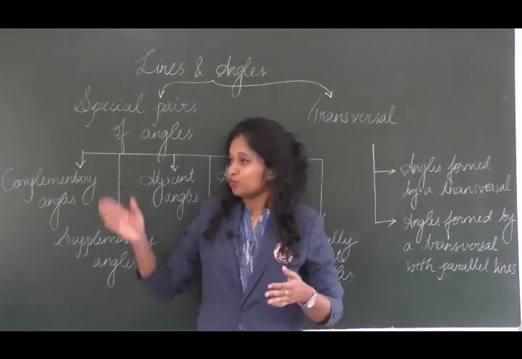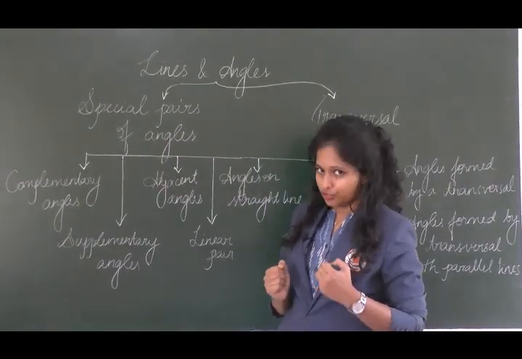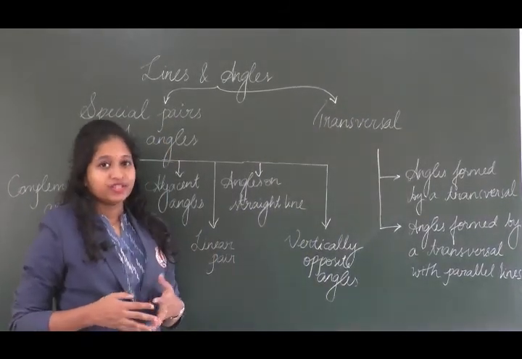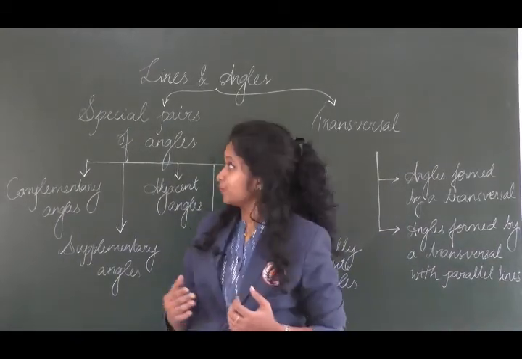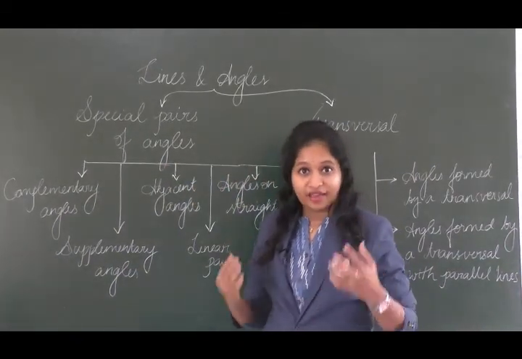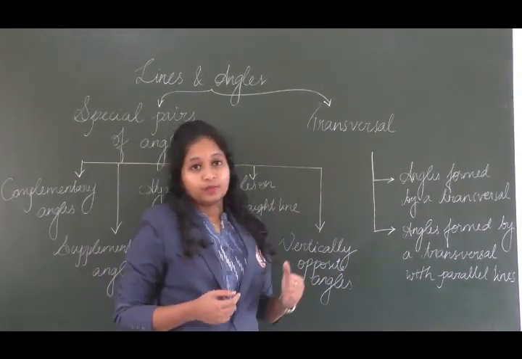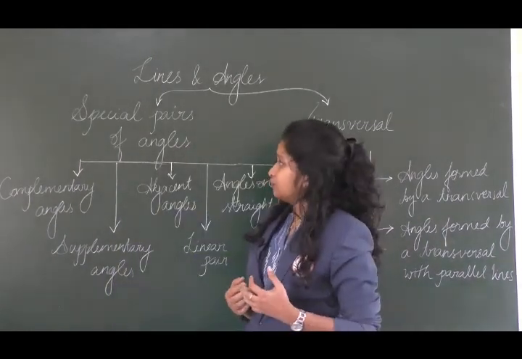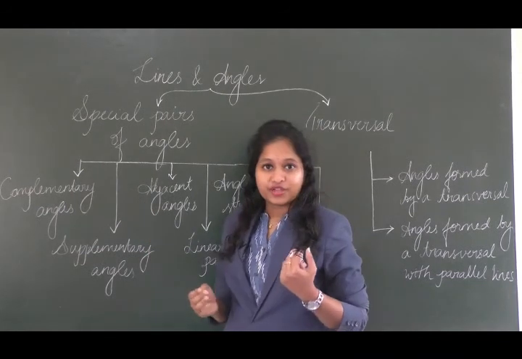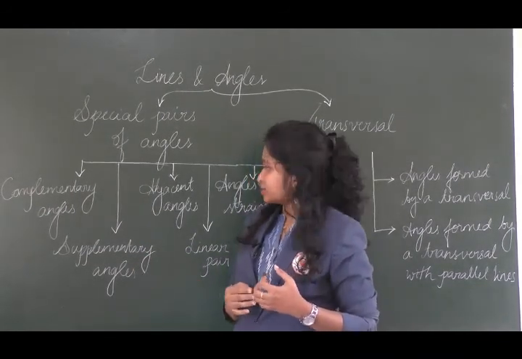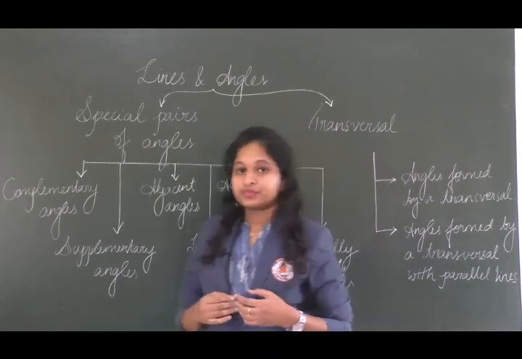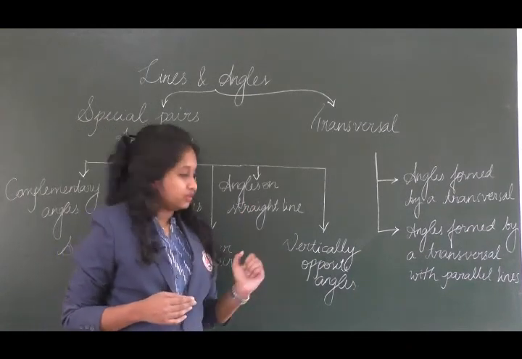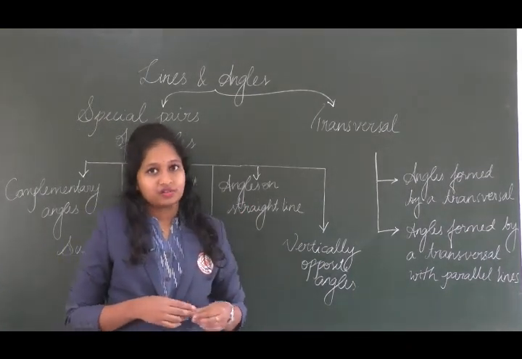So children, what you see here is the mind map for our video. The chapter name is Lines and Angles. Under this chapter, we will learn about special pairs of angles and about transversal. So under special pairs of angles, we would learn about complementary angles, supplementary angles, adjacent angles, linear pair, angles on a straight line, vertically opposite angles.